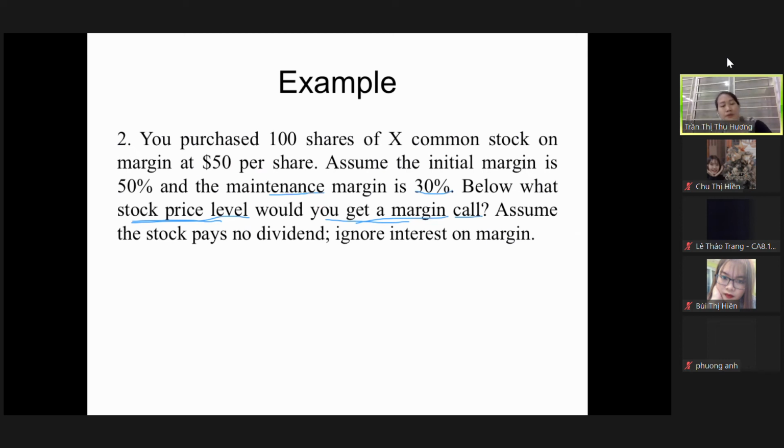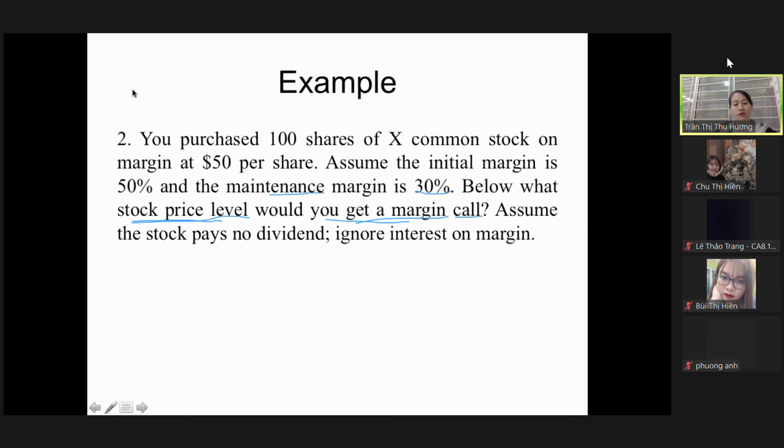Now, what is the price at which you will get the margin call? In this example, you buy 100 shares and the price is $50. So what is the total value of the stock?